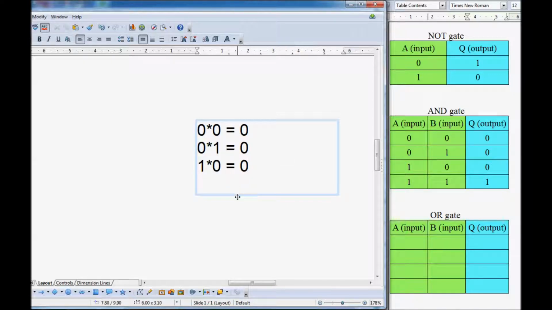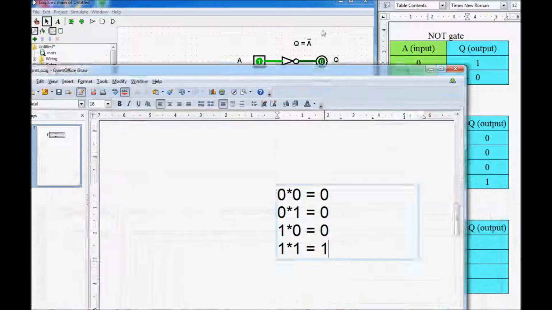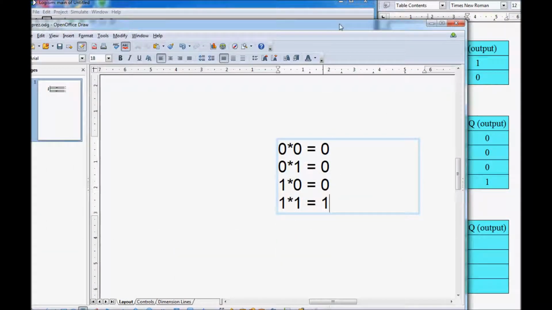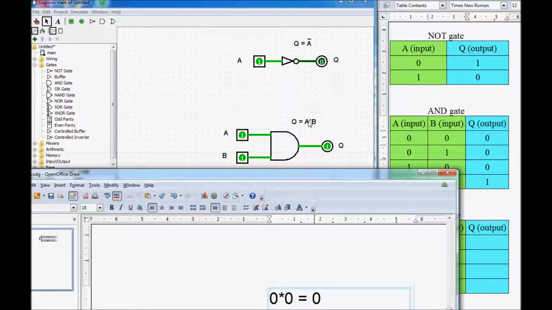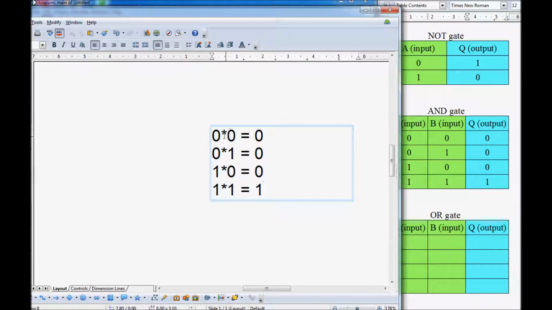And only in this case, when we multiply 1 by 1, we have 1. So as you can see, the only thing that you have to remember is this multiplication sign. You have to remember that in Boolean algebra, AND gate is represented by a multiplication sign, and this multiplication sign will help you to memorize the output column for this gate.